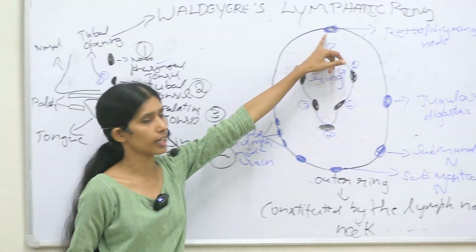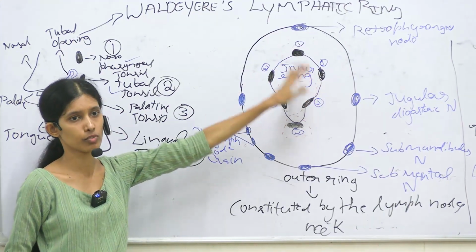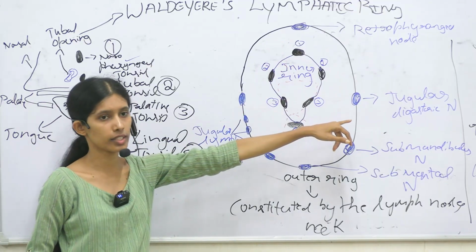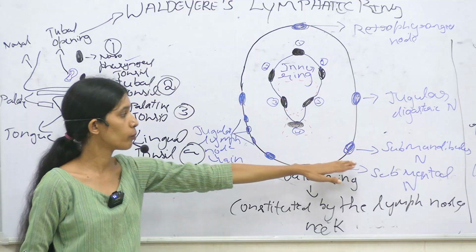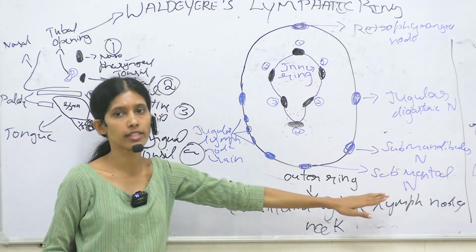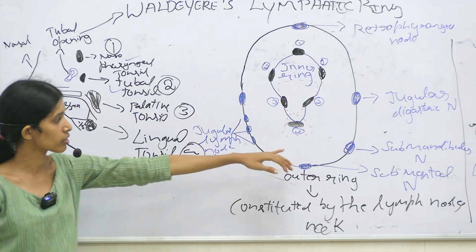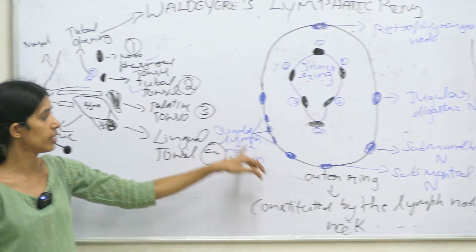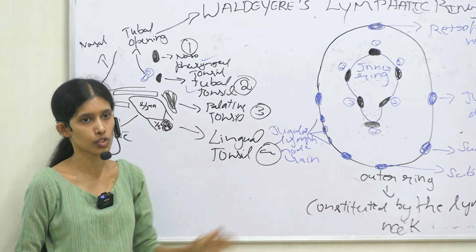We will start with the retropharyngeal node, to which your first and second tonsils will drain. Then we have the jugular digastric one, to which your palatine lymph nodes will drain, followed by the submandibular and submental nodes. Between the jugular digastric and the submandibular node, we can see the chain of nodes, that is called the jugular lymph node chain.